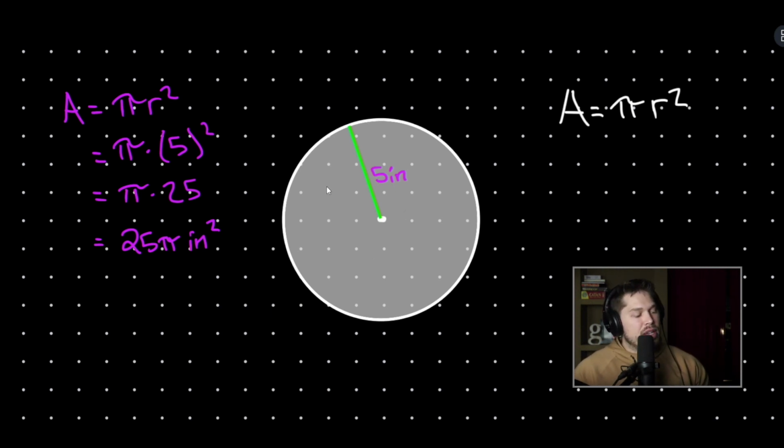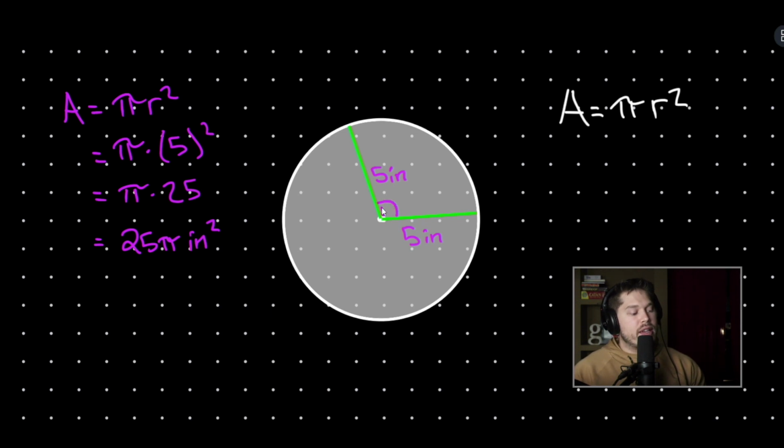Excellent. Next, let's talk about how to find the area of a sector of a circle. Let's say that some other radius is given. Of course, all radii will be equal to one another, so this would also be 5 inches.